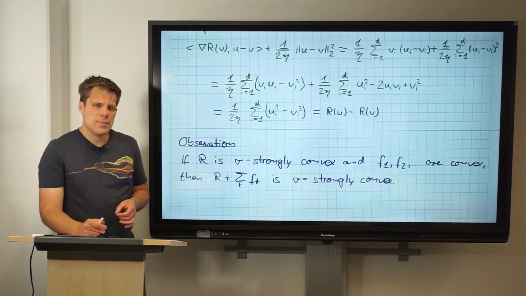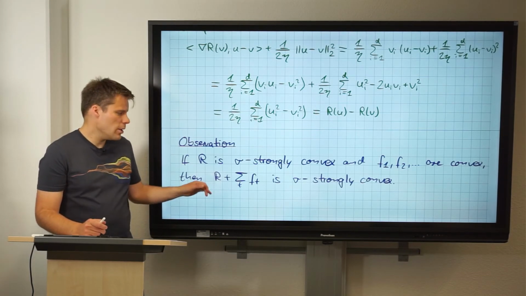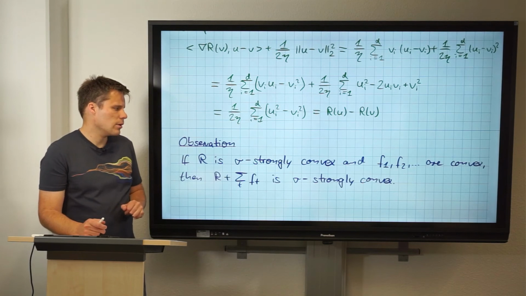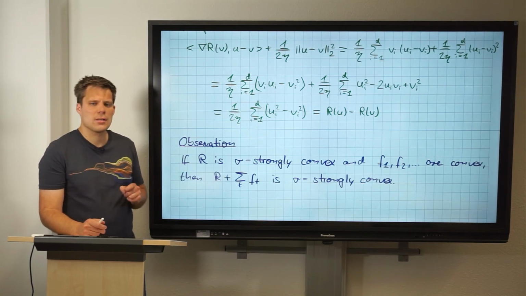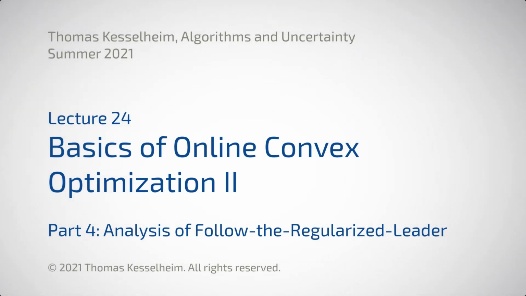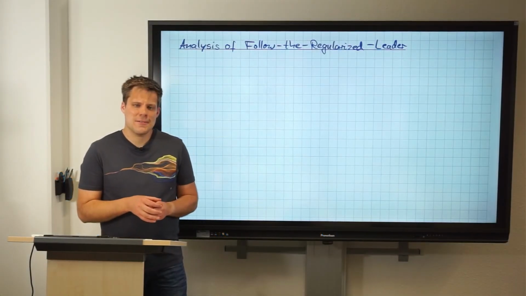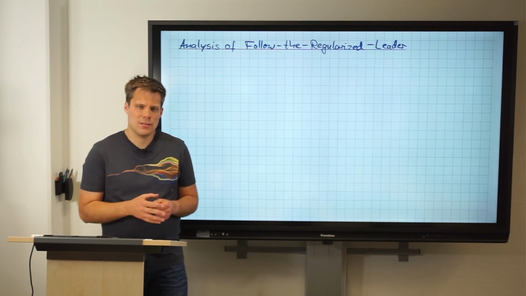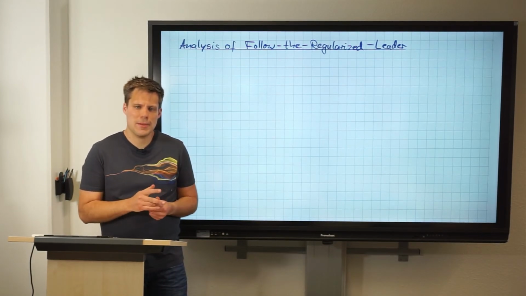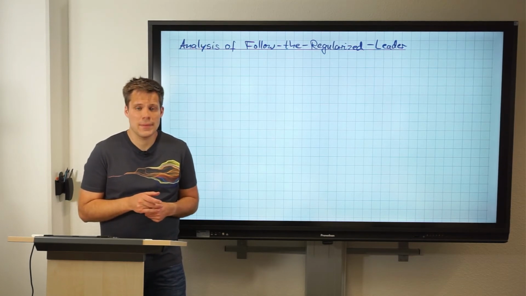So let's now talk about follow the regularized leader with this strongly convex regularizer. We're now finally ready to analyze follow the regularized leader up to the point where we get a real regret guarantee, for example, for the expert setting.